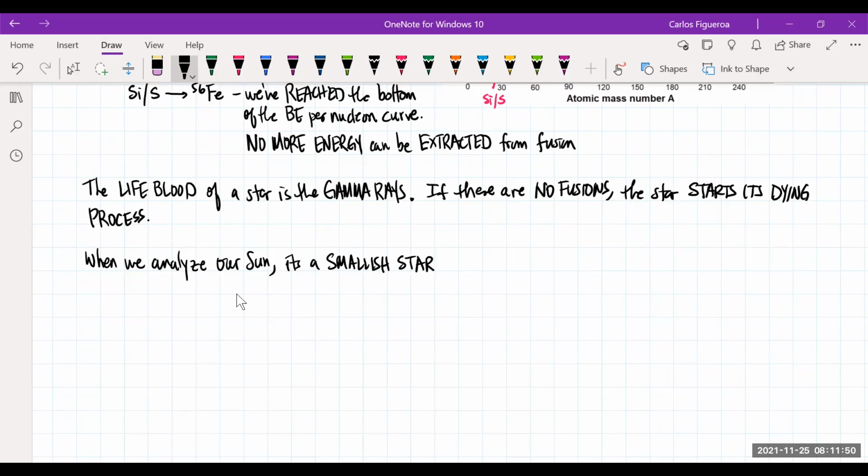It's not even mid-size, it's less than mid-size. So it's a smallish star that will only produce elements up to oxygen.